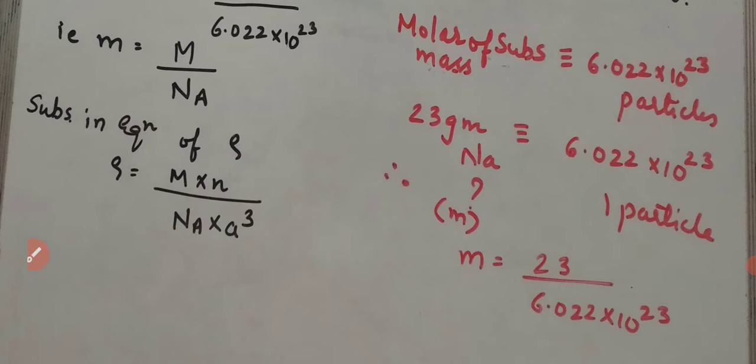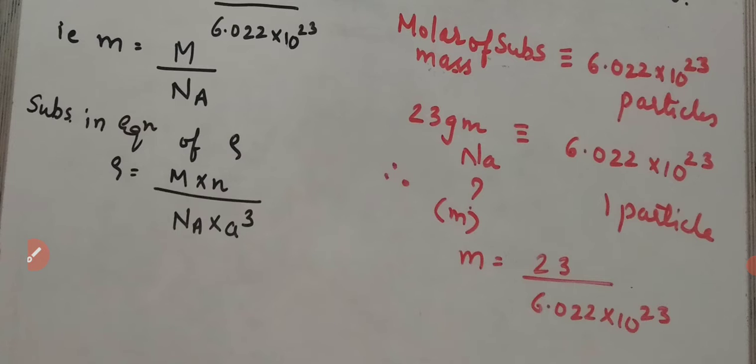So I can say that for any substance, if we take its molar mass, we will get 6.022 into 10 raised to 23 particles. If I consider sodium, I have taken the example of sodium here. If I take sodium 23 grams, because 23 is the atomic mass of sodium, 23 gram of sodium contains 6.022 into 10 raised to 23 particles.